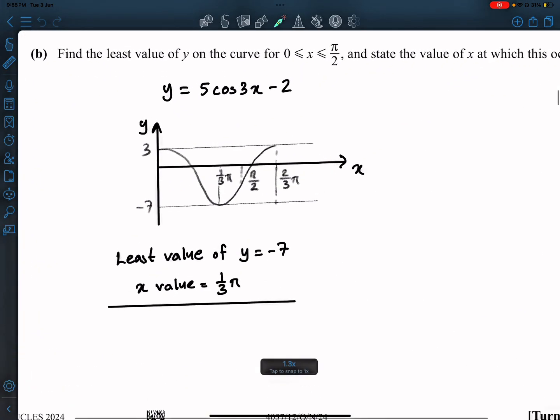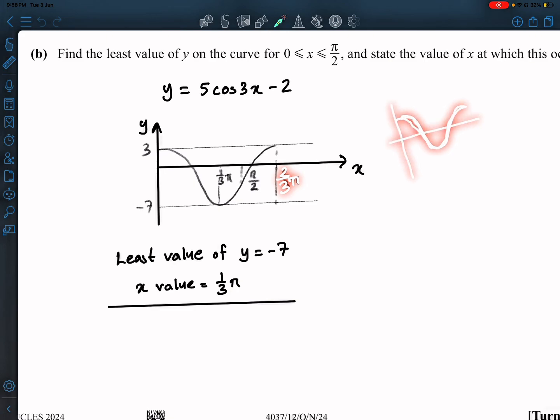The halfway point of this curve, or the x value at which the minimum point occurs, is 1 by 3 pi, because that's half of 2 by 3 pi. The minimum point occurs at the half point of the period, because that's how the cosine curve is in its nature.